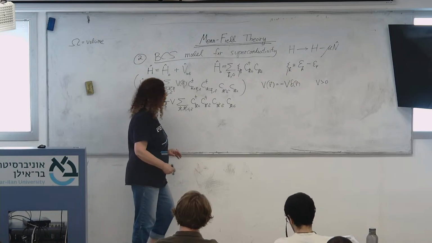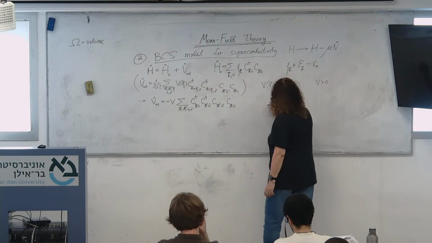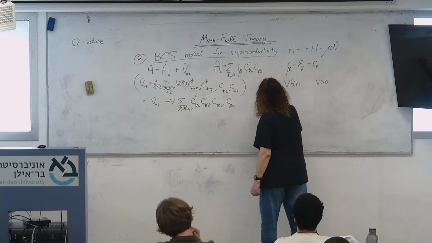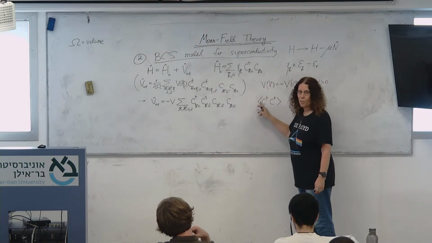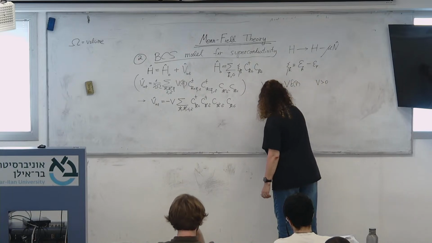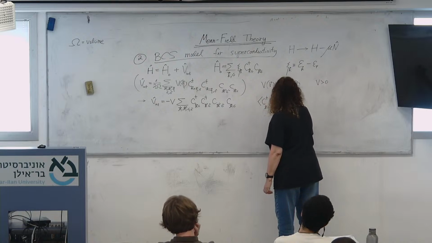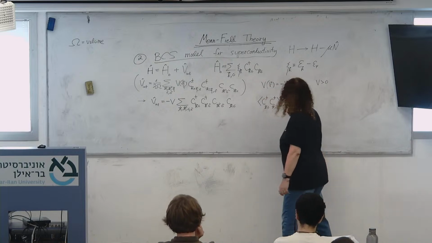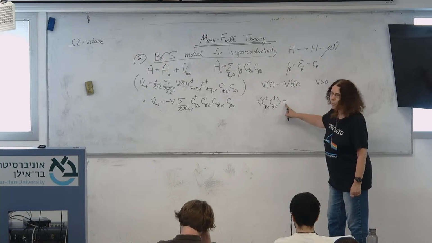I'm just assuming that I have a new expectation value, which means, again, it's a new ground state where this thing is non-zero, but it's not just anything.